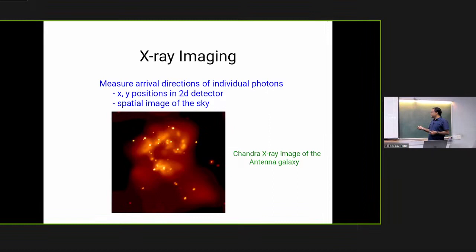Looking at the morphology of the source also gives us a lot of information about the nature of the source. For example, here we have this diffuse emission, which is extended, in addition to these point sources. Diffuse emission is coming from a spatially extended region, and this is obviously well resolved.